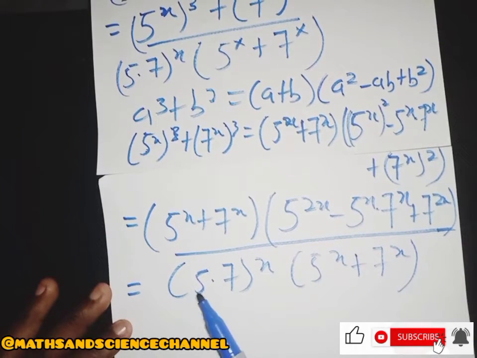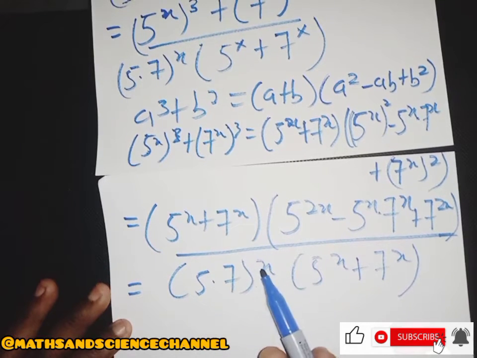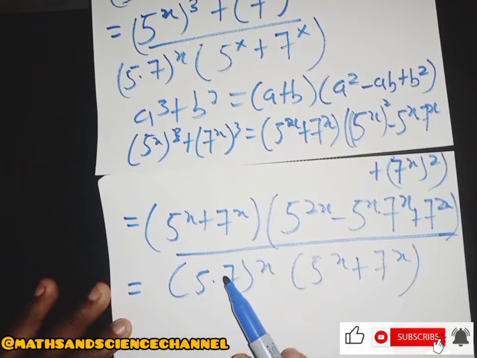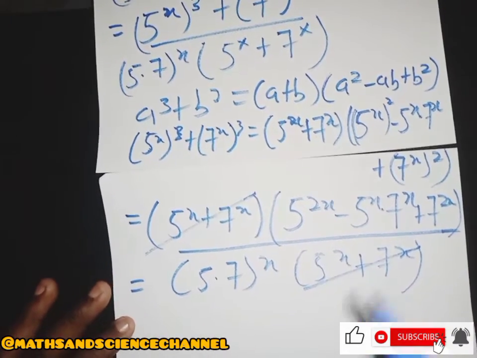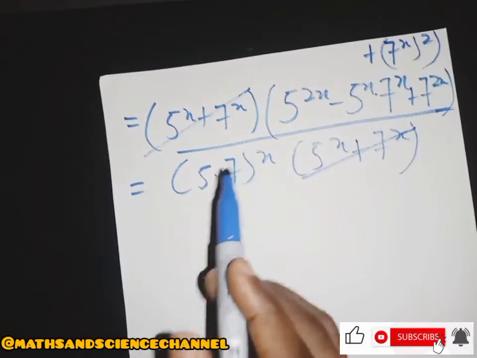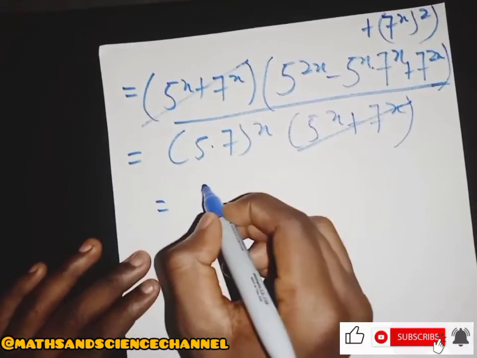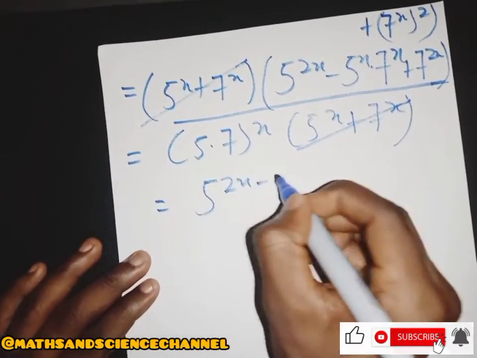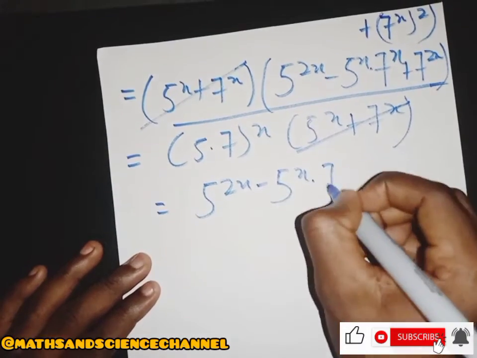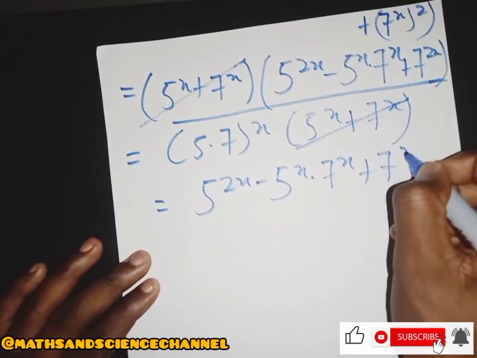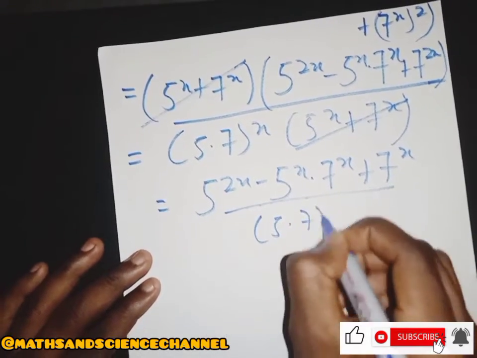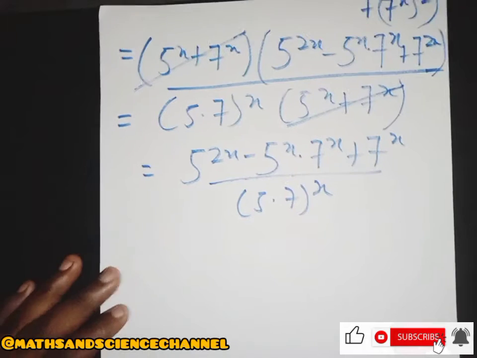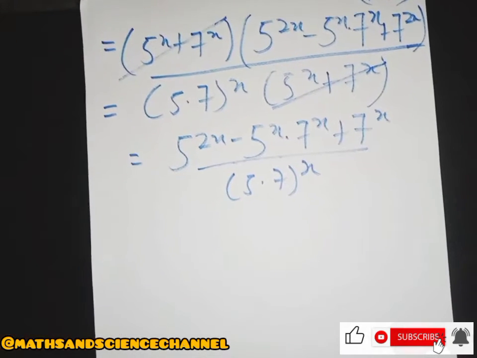Now if you look at the whole thing here, you realize that this will get rid of that, because when it multiplies through, this will get rid of that, right? So in this case we are left with just 5 to the power 2x here minus 5^x times 7^x here plus 7^2x being divided by 5 and then 7^x. So this is what we have so far.